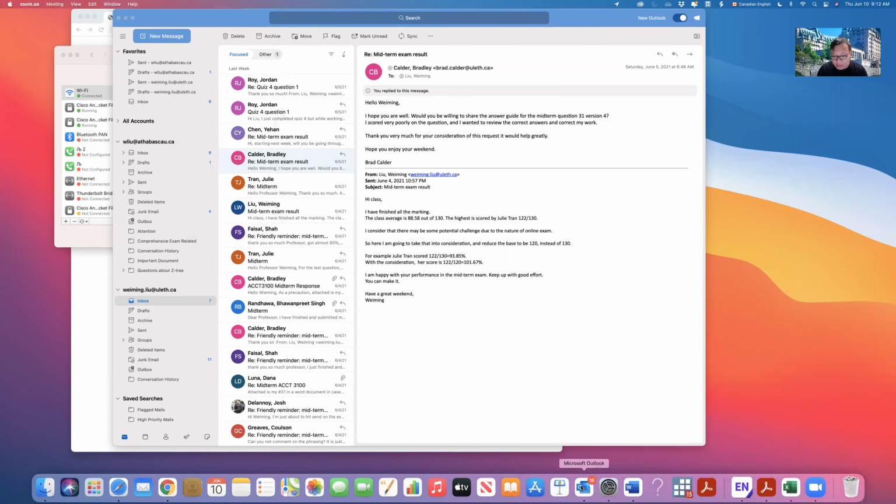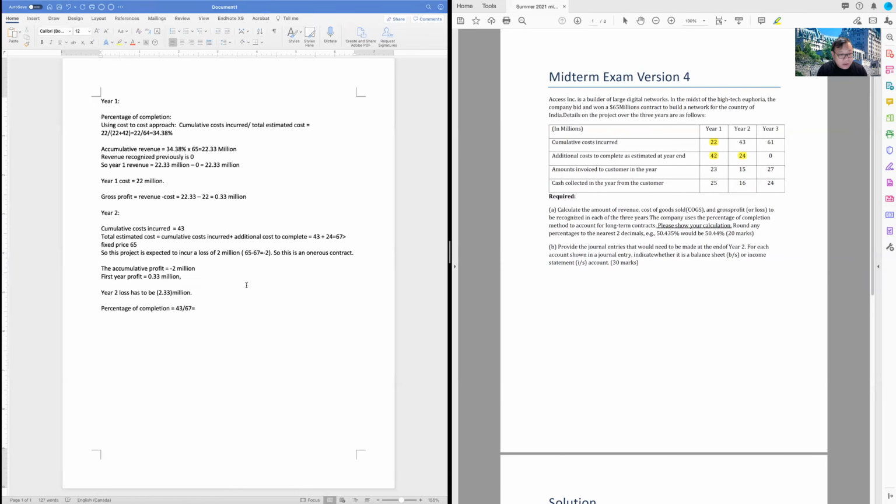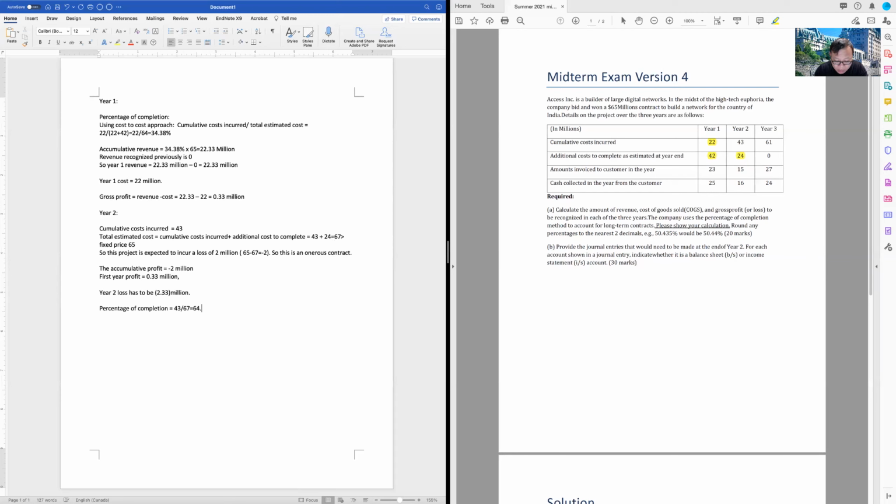Okay. 64.18%. Cumulative revenue. So that would be 64.18% times the contract price, which is 65 million.